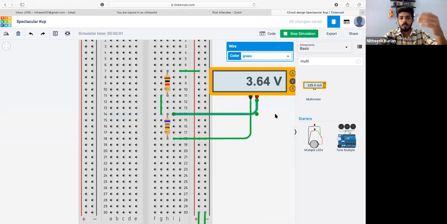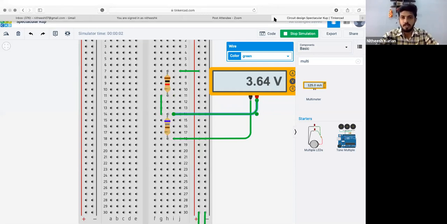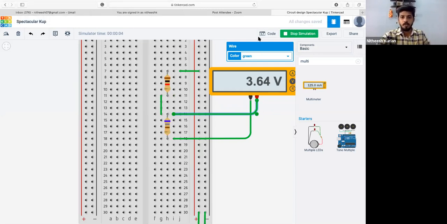See, 3.64 is the voltage. I think Seema has already done this using 1 kilo ohm. Very good, Seema. So, right answer: 3.64 and 5.63 across 1 kilo ohm. Okay, good. Hope you guys have done this and got the answer.